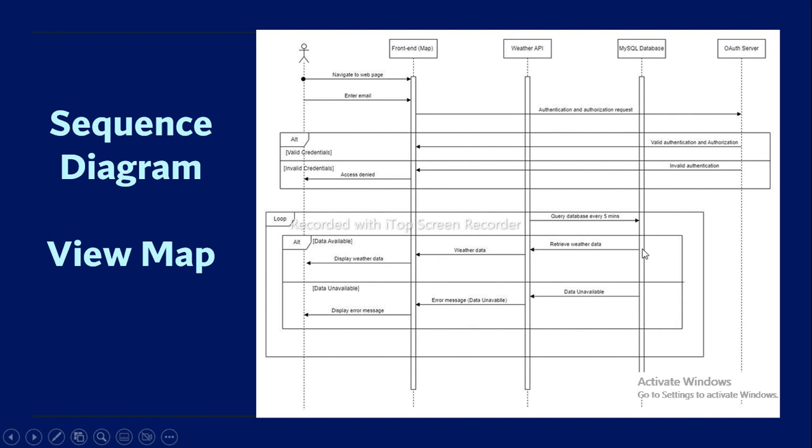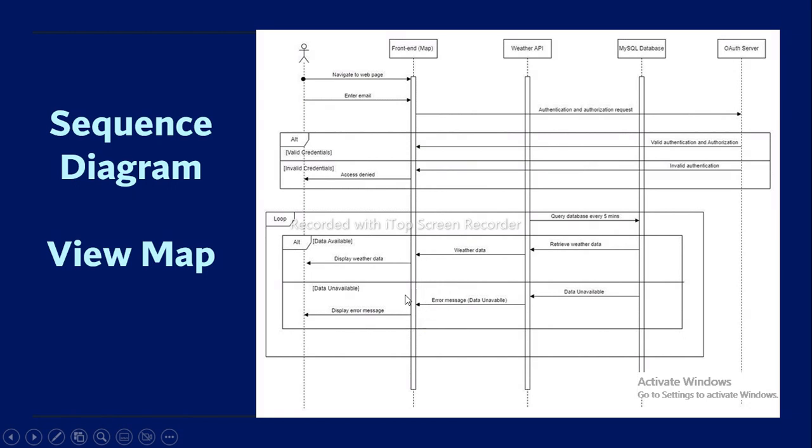If the MySQL database contains data, it will retrieve weather data to the web API. Once the web API receives the weather data, it will pass it to the front end, which means the map. So the map will display the weather data. If data is unavailable, then the MySQL database will pass the message that data is unavailable, and the weather API will pass an error message saying data is unavailable.